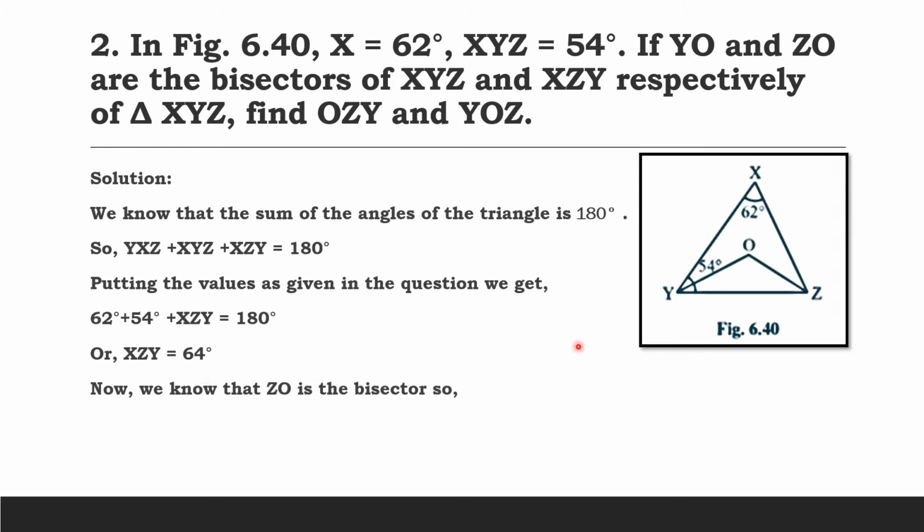Now we know that ZO is the angle bisector of angle XZY. So measure of angle OZY would be half of XZY. Substituting the value, we get the measure of angle OZY as 32 degrees because half of 64 is 32.